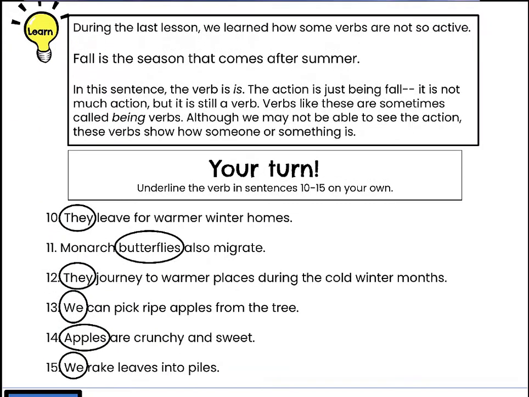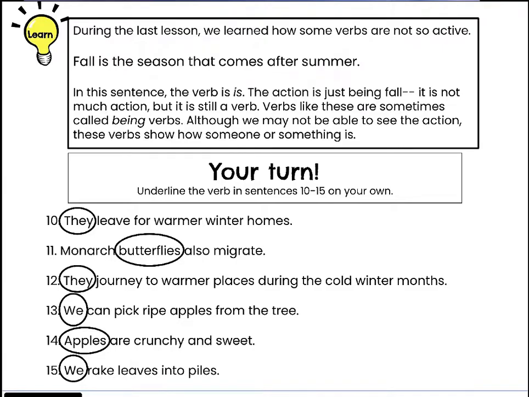All right. During the last lesson, we learned how some verbs are not so active. Let's look at the next sentence here. Fall is the season that comes after summer. So I'm going to reread this sentence. Fall is the season that comes after summer. In this sentence, the verb is. Is right here.